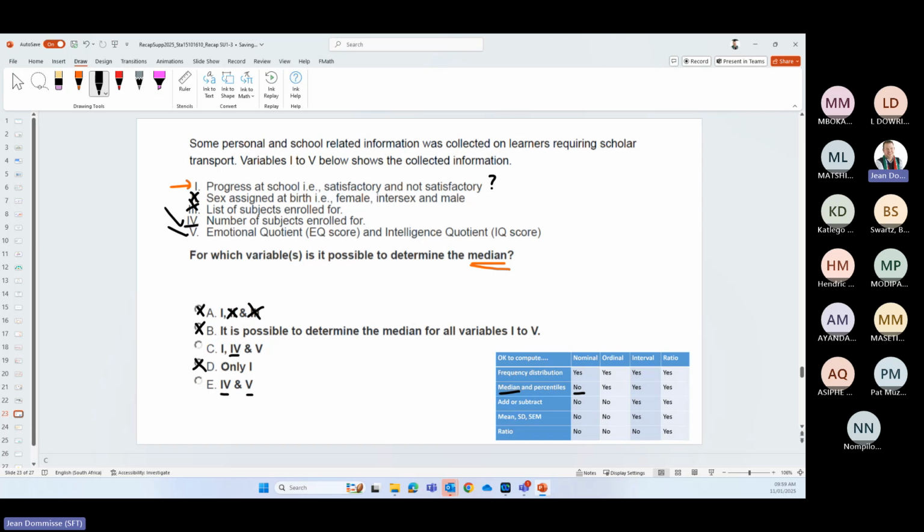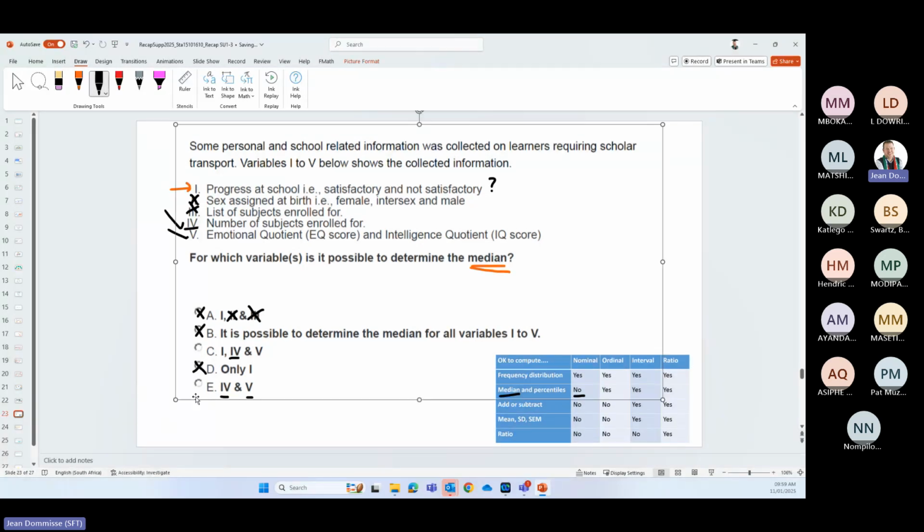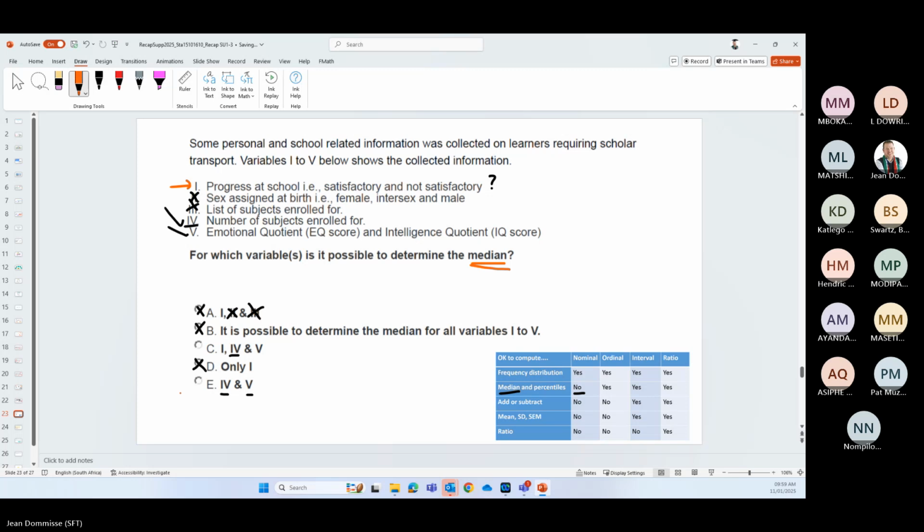Now it's between 1 and, I'm sorry, but I am going to go for E here as the correct one. It's looking only at those 2.